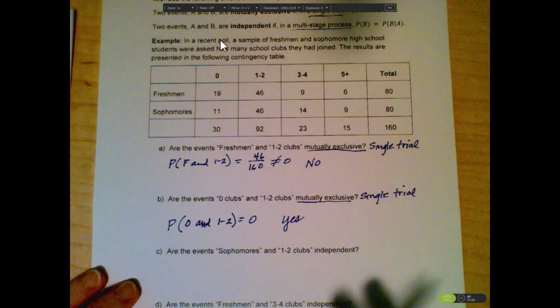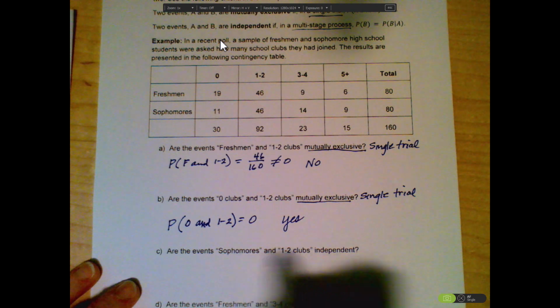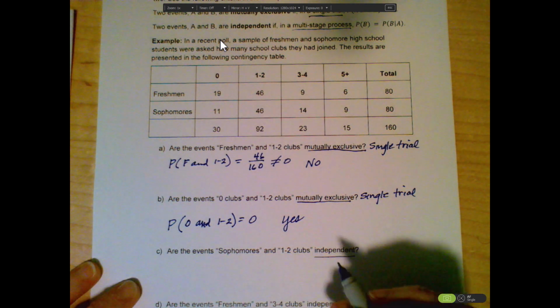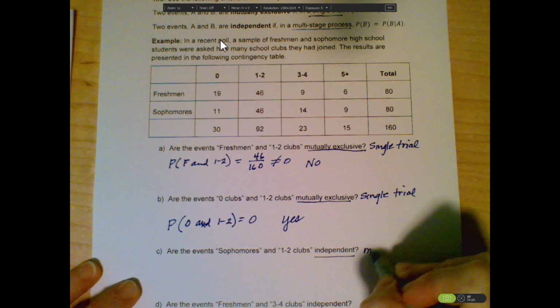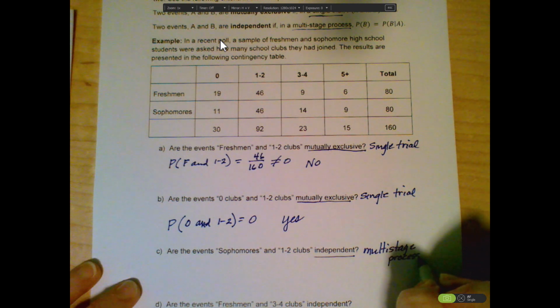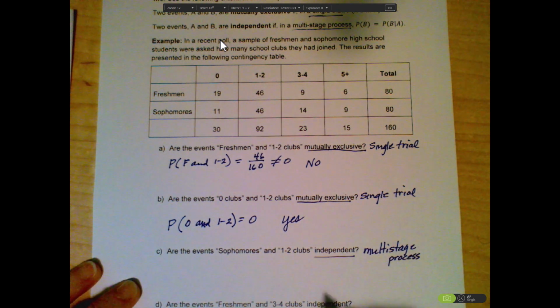Part C. Are the events sophomores and 1 to 2 clubs independent? So now they must be talking about a multi-stage process, because that's the only thing that independence and dependence applies to.